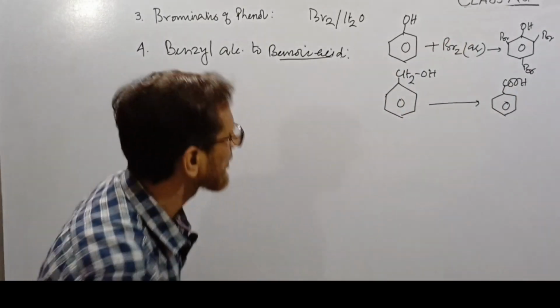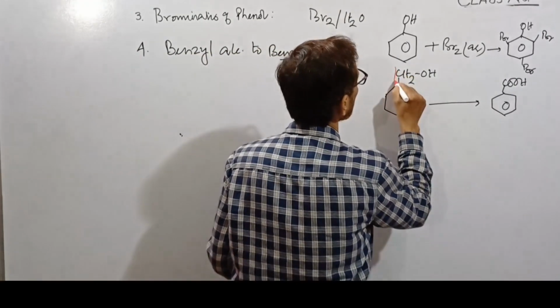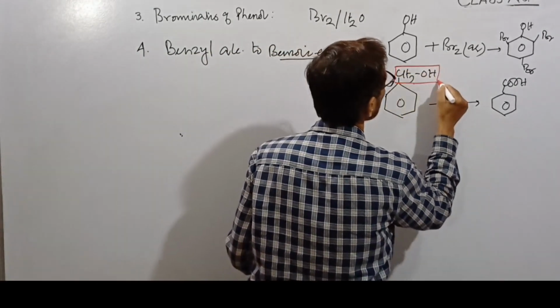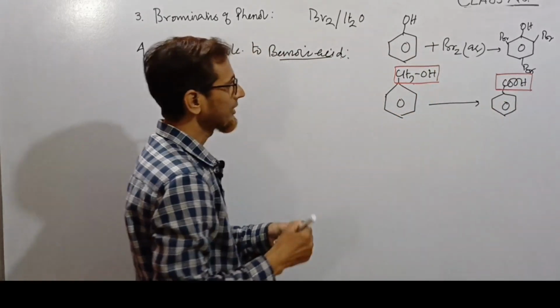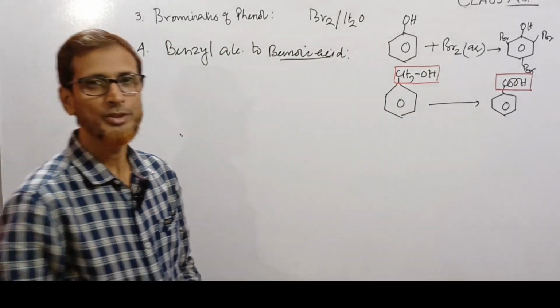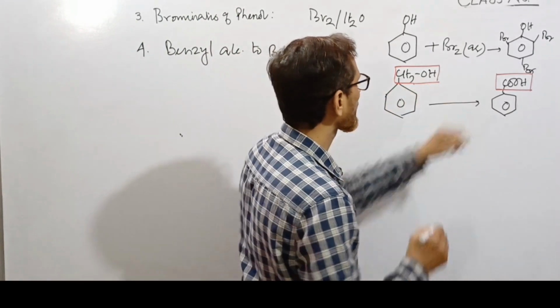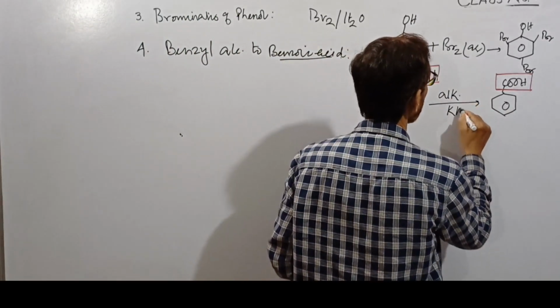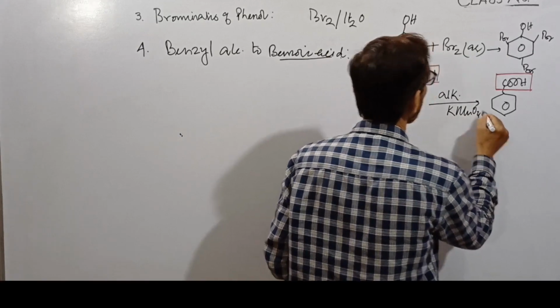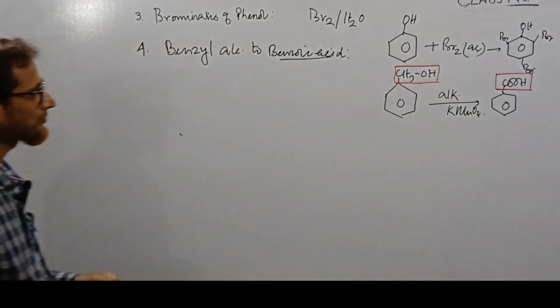So your target point is this to this. When you find this, keep in your mind that it is nothing but oxidation. So you use alkaline potassium permanganate.